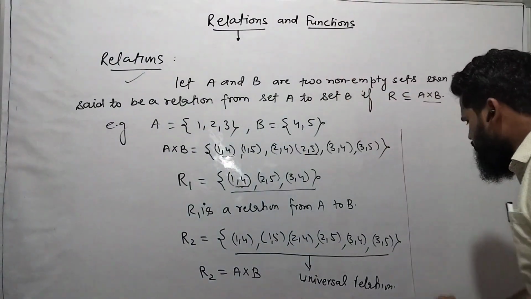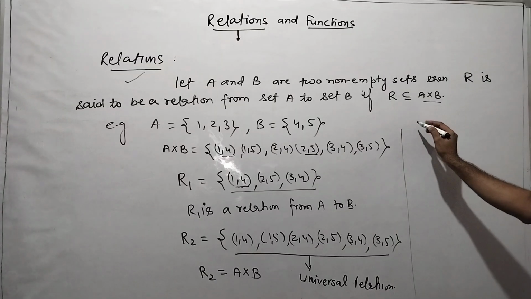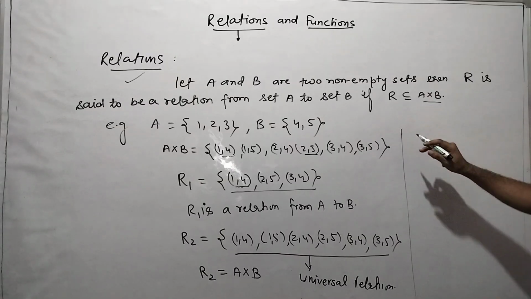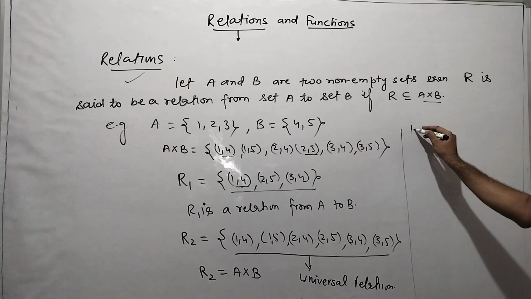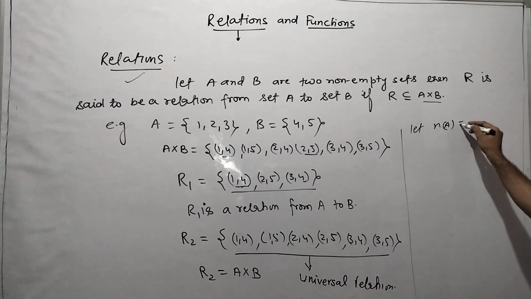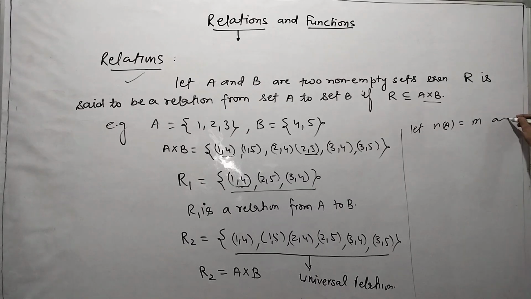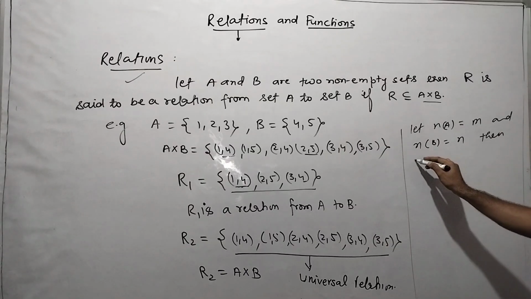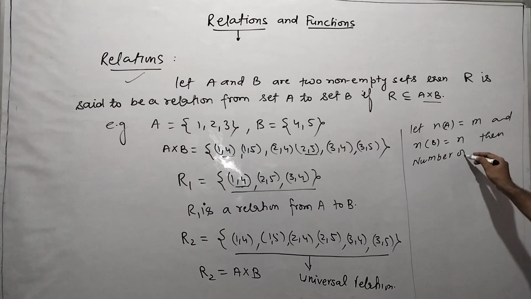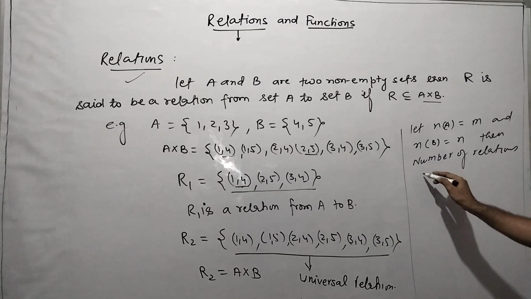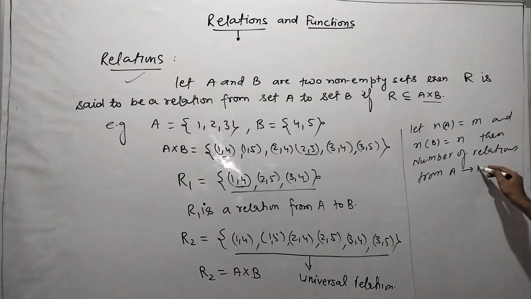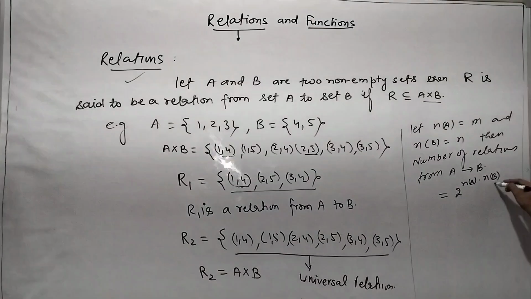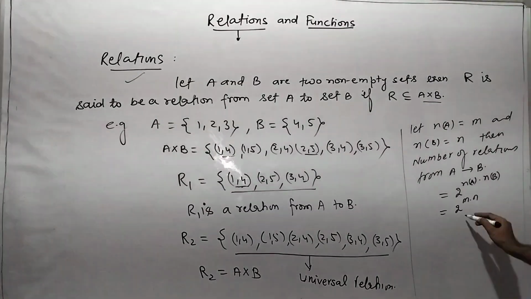Now, एक important question आता है बेटा यहाँ से कि let us suppose that number of elements in set A is equal to m and number of elements in set B is equal to n, then number of relations from A to B. Important question होता है बेटा. कितना होता है? 2 raised to the power number of elements in A into the number of elements in B. It means 2 raised to the power m into n.